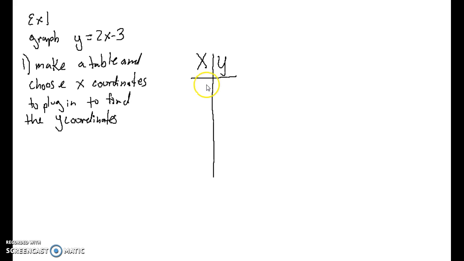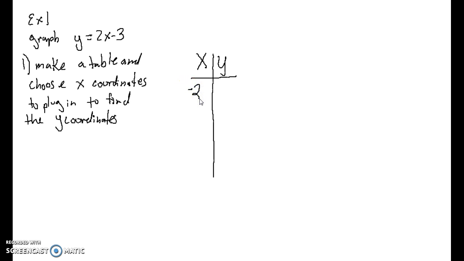You can choose any numbers that you want. Just remember that you are going to have to plot these points. For right now, I suggest plugging in numbers that are pretty close to 0. I wouldn't choose, say, 100 or negative 50, because you would have to make your x-axis and y-axis much, much bigger.